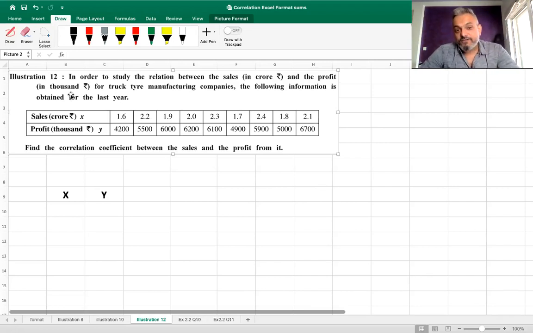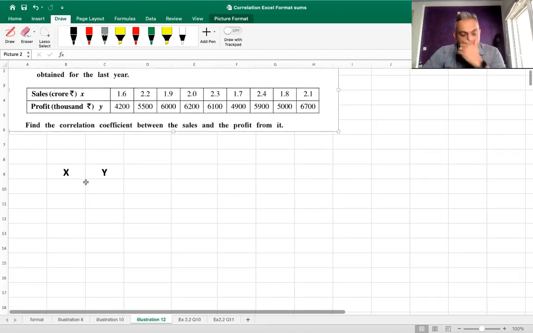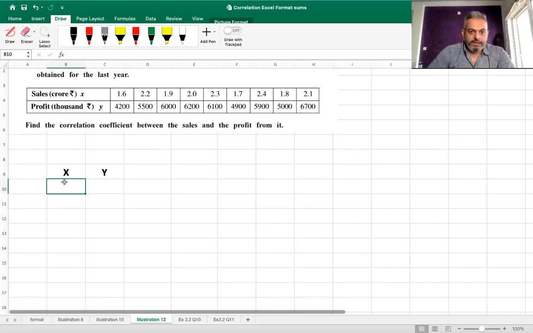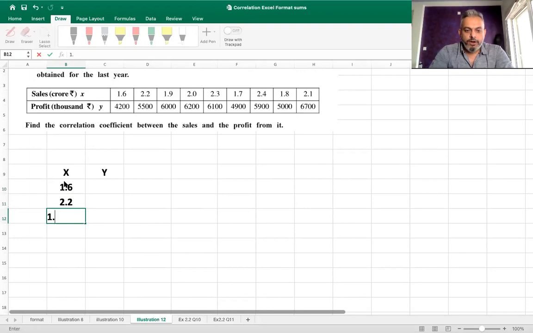For a tire manufacturing company, the following information is obtained for the last year. Sales in crore X, profit in thousands Y. Okay, so let's write the numbers: 1.6. You can see the numbers themselves are in fraction: 2.2, 1.9, 2.0, 2.3, 1.7, 2.4, 1.8, and 2.1.